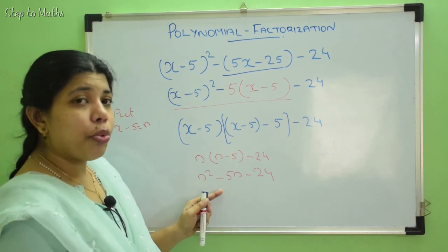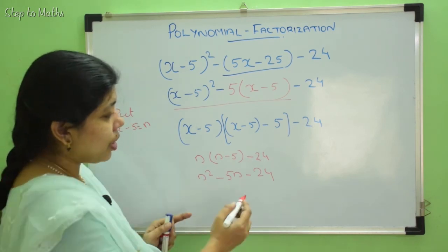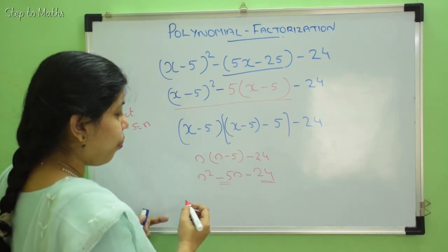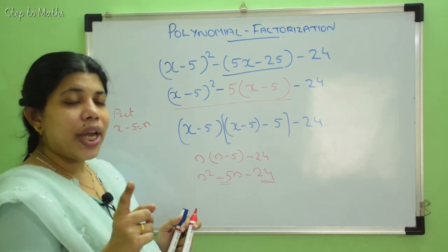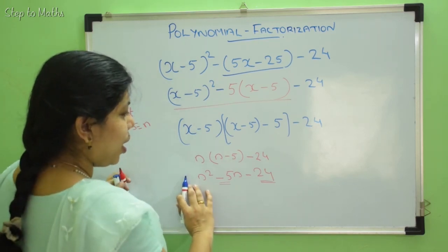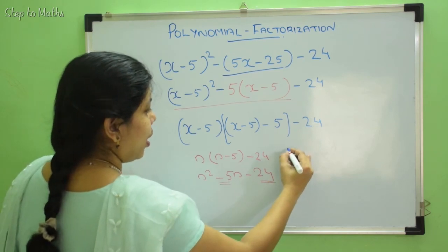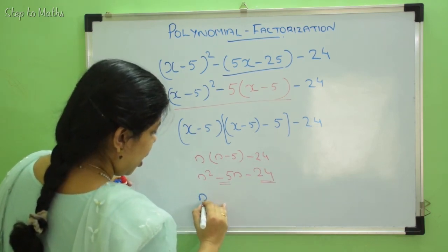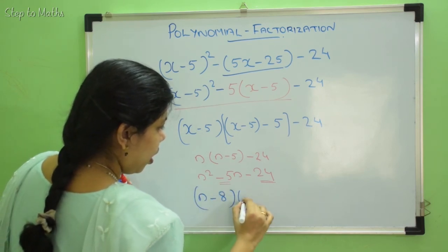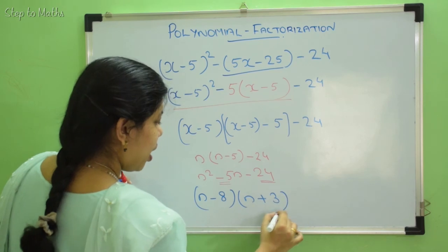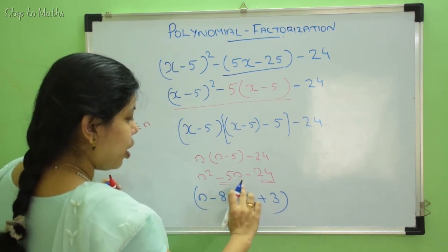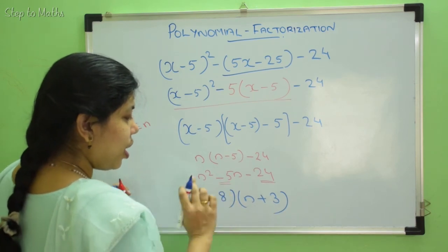If we rewrite it into a product of two polynomials, that is the two numbers whose product is minus 24 and sum is minus 5: 8 and 3. So how can we rewrite this one? (n minus 8) into (n plus 3). Minus 8 plus 3, product minus 24 and sum is minus 5.